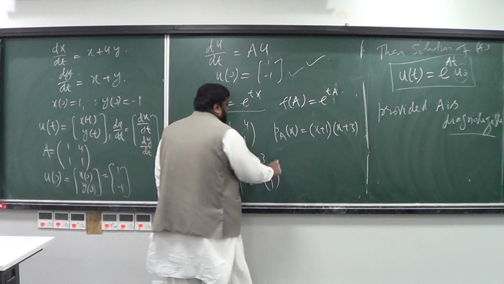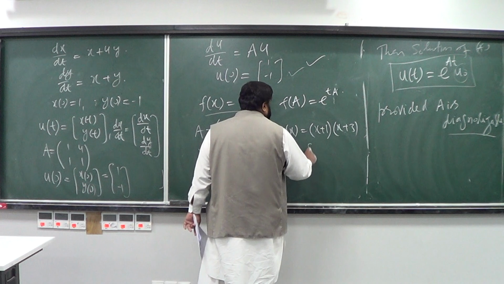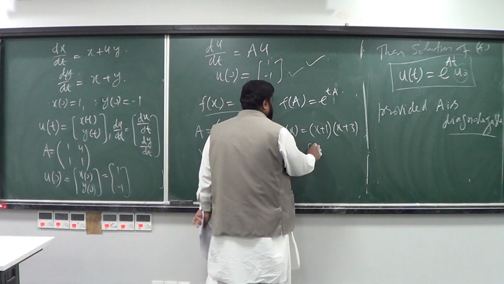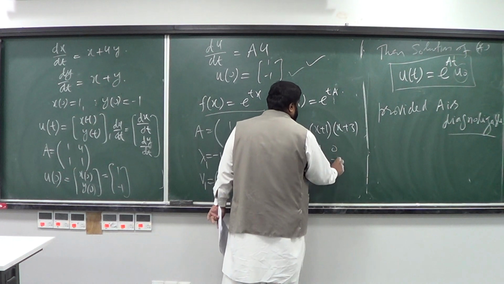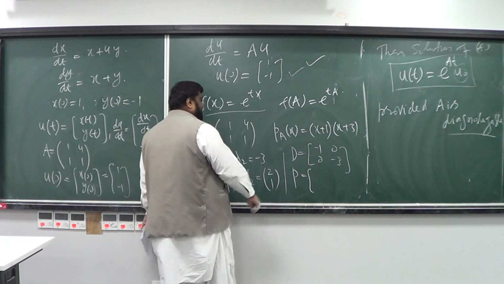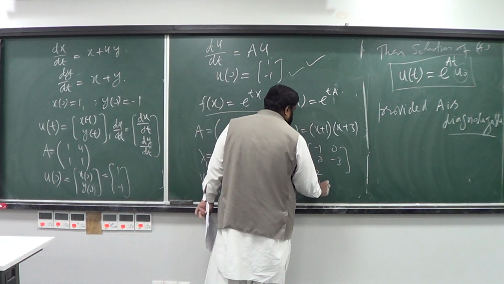Once you have it, this means that you have your matrix D. So what is your matrix D? -1, 0, 0, -3. And you have your matrix P, which is just taking these eigenvectors and putting them in as column vectors.